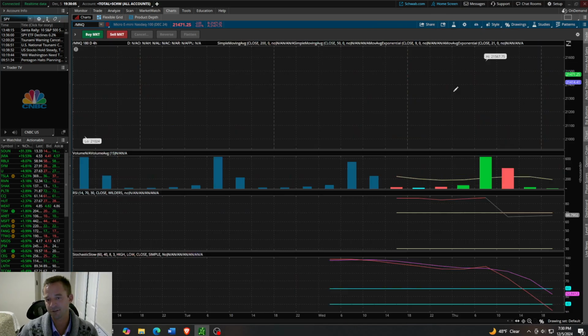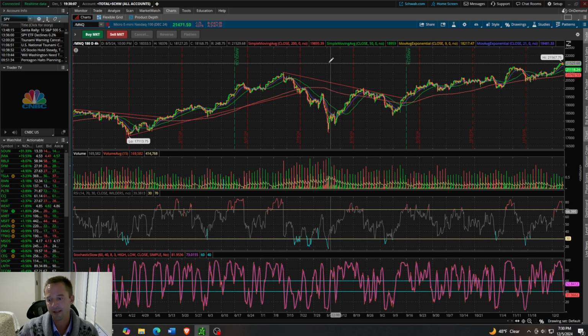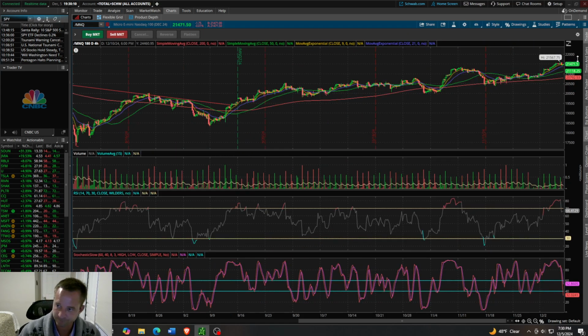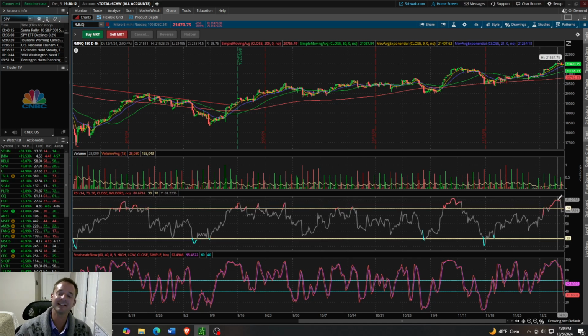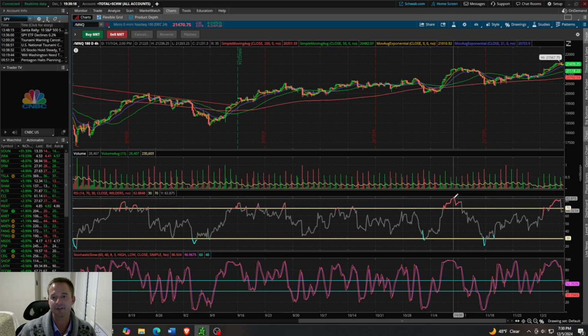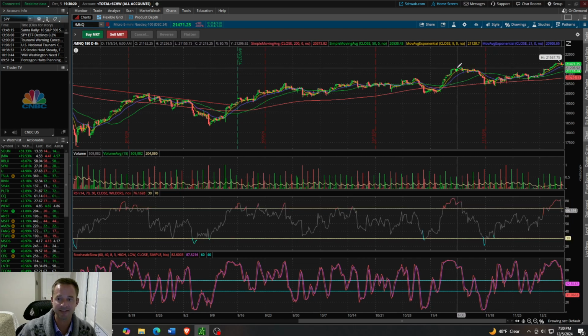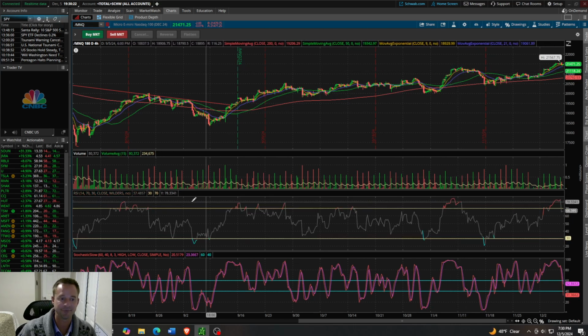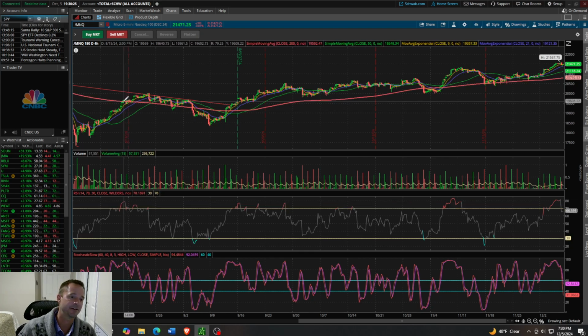Then we'll go to a smaller time frame, a 4-hour time frame. So here today, you could see on the RSI that it gets up to 80 on the 4-hour chart, and things can get a little bit sketch. Here you have the same exact example up here, the same thing up here.